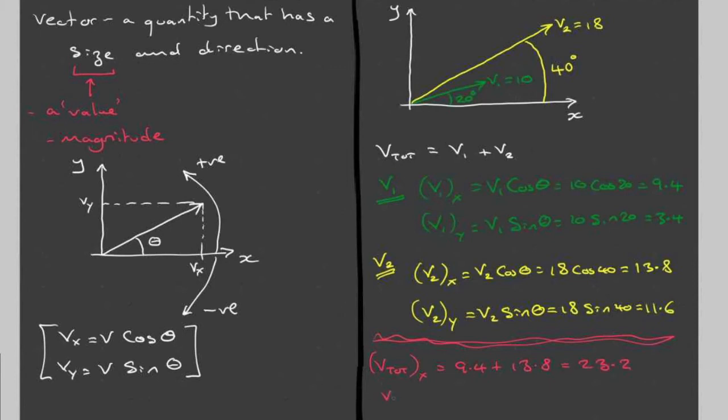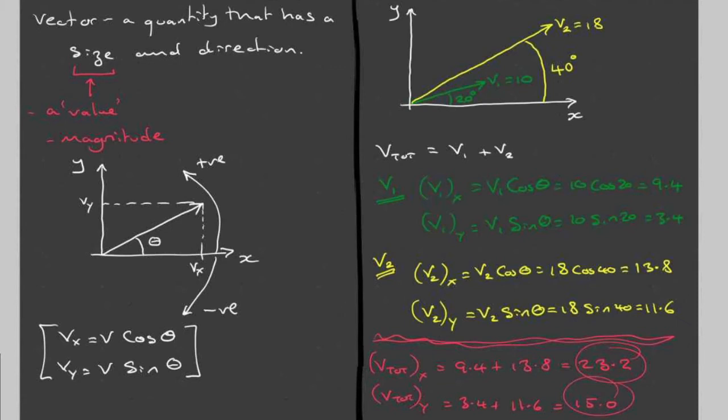And the total vector along the y direction is going to be the y component of the one plus the y component of the other, which is 3.4 plus 11.6, which is 15.0. So these are the two components.